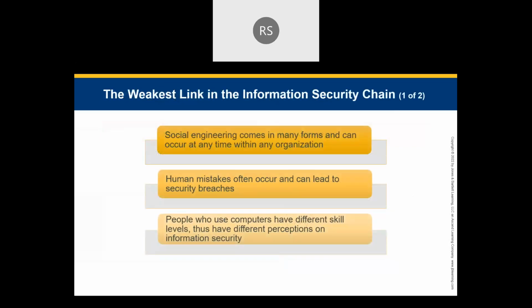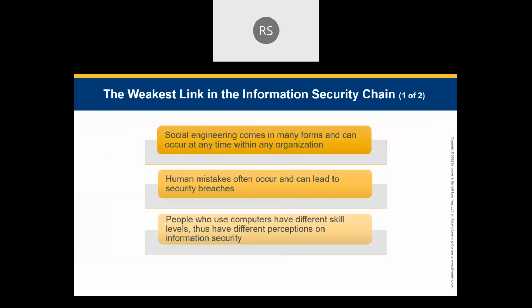So, in the realm of information security, organizations must not overlook the critical factor of human involvement. Despite the advanced technological safeguards that are put in place, social engineering remains a significant vulnerability that can exploit human weaknesses. Now, social engineering can take various forms.